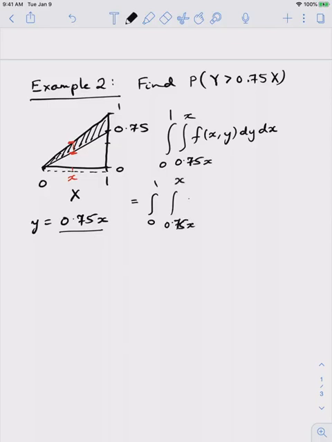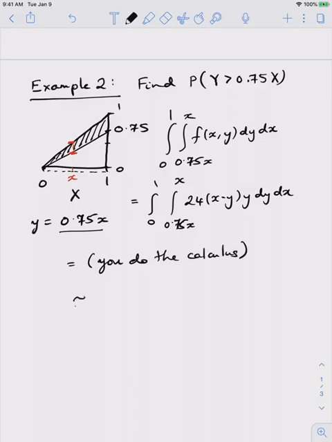The integral from 0.75x to x of 24(x minus y). You do the calculus or you use SymPy, and you should get approximately 156.